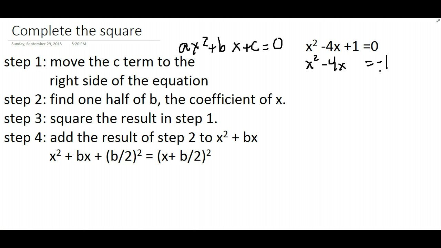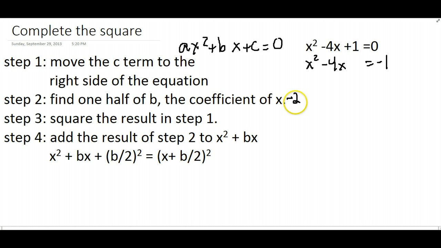Step 2 is we need to find 1/2 of our b term, which is the coefficient of x. Our b term is negative 4, so 1/2 of that would be negative 2. Then we need to take that number and square it.